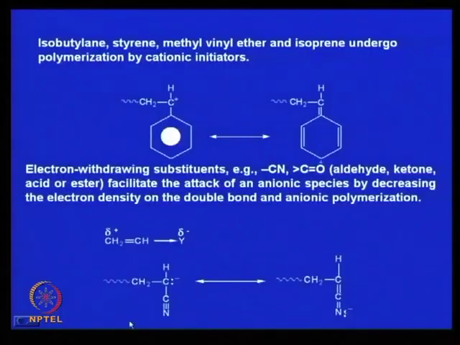In case of acrylonitrile, here you see in this case this CN group is electron withdrawing type.